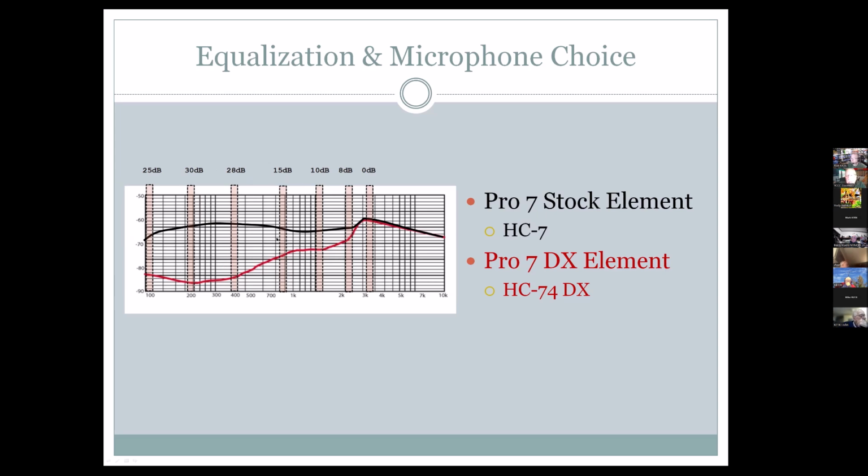Approaching the mids, there's still a difference, the stock mic is not equalized much at all. But when you go to the DX element, which is a replica of the HC4, which I have in this one, so you'll hear that in a second, it's much more compressed in the lows. Those are almost gone. But this real important section here, the 2K, 3K, is boosted.